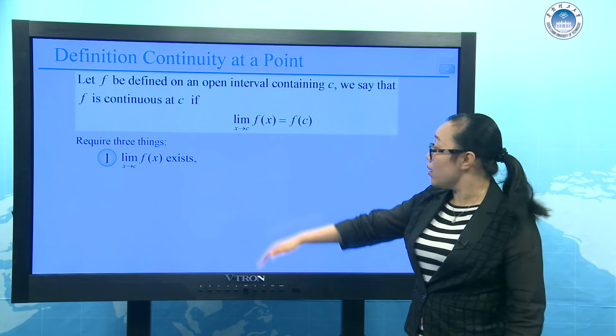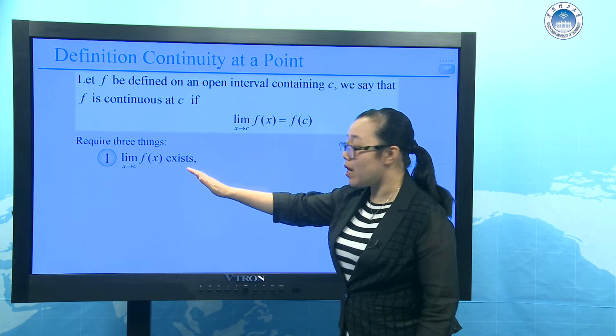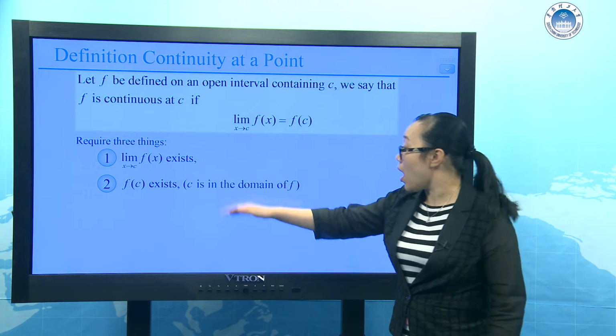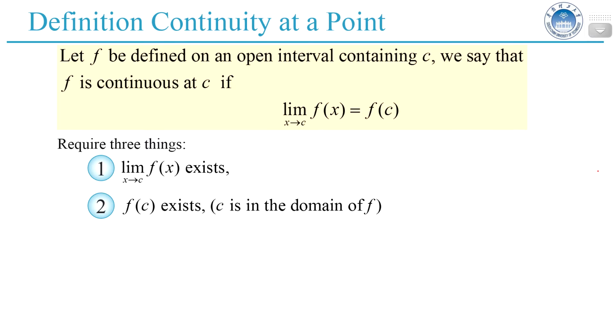Condition 1, the limit of f(x) must exist. Second condition, f(c) exists. This means c is in the domain of f(x), meaning f(x) is defined at c. Third, the two values are equal.